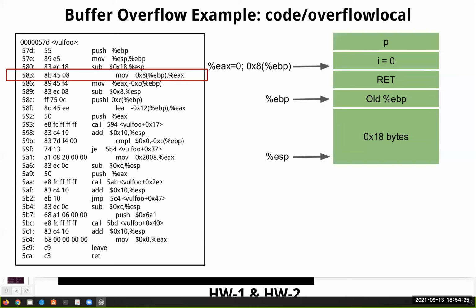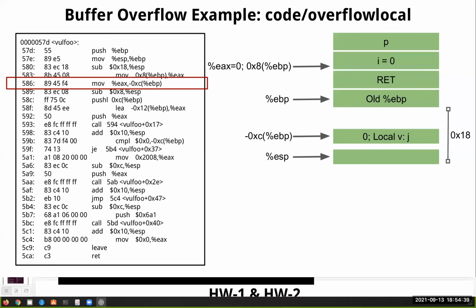So now EAX will have the value 0, because we're moving that first argument from the stack to EAX. Then we move EAX to the local variable J, which is at EBP minus C. After that, the local variable J will also have the value 0.